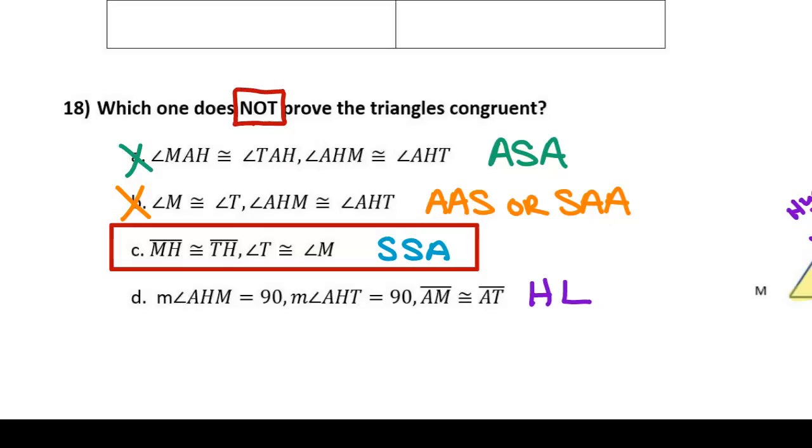If we have a right angle, but I don't have the side marked that is across from that right angle, then we could do angle, side, angle. But you can't use hypotenuse leg unless you have the side that is opposite that right angle there.